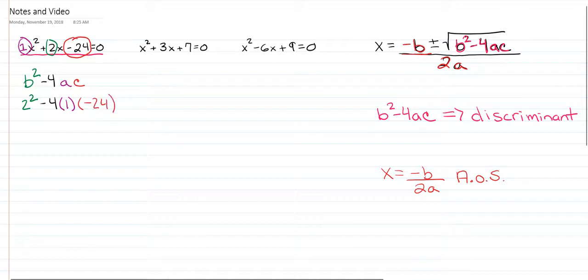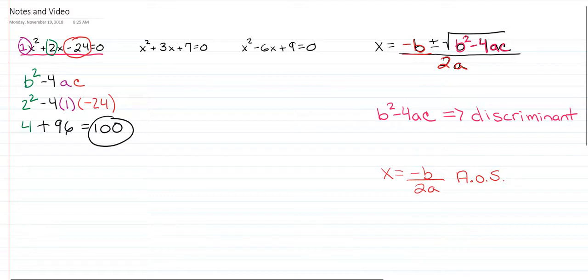So now if I add that together, I would get 4 minus... Okay, sorry about that. All right, let's see. So 4 times 1 is 4. And then negative 24 times negative 4 is, let's see, 96. So positive 96. Okay, and if I add this together, I get 100. So what does that mean? What does that tell us? We won't go over it just yet. Let's try the next one.